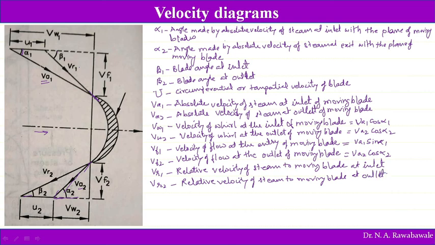Then m suffix s is the mass of steam flowing over the blade per second.